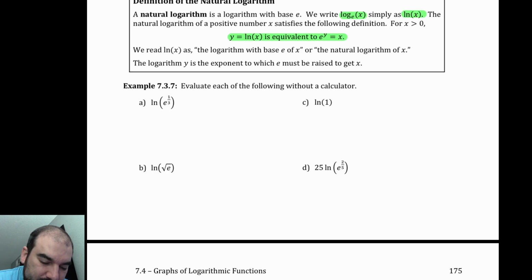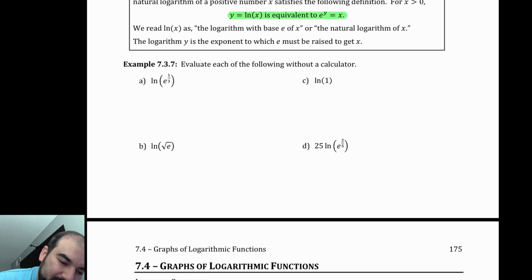So if we were to do the same thing with, oh, that one's interesting. Part D is a very interesting question because we haven't really talked about properties of logs yet. So if I were to try to do the same thing here, set it equal to x, what we cannot do is shift this over to the other side yet because this 25 is kind of in the way.